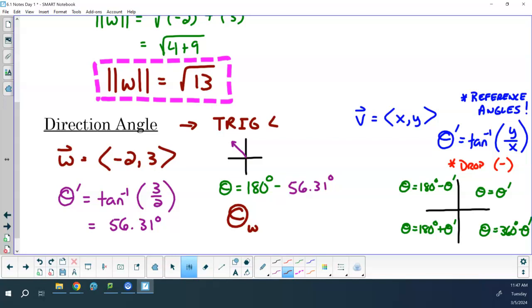So theta with a subscript of what vector it is. So the direction of W then would be 123.69 degrees.